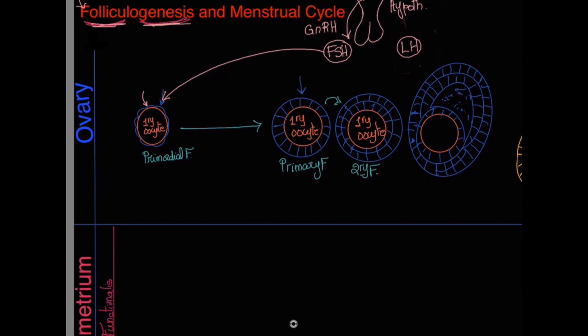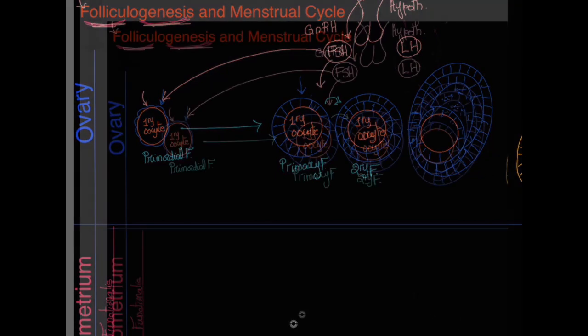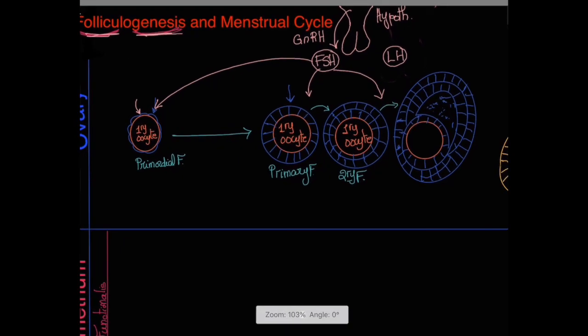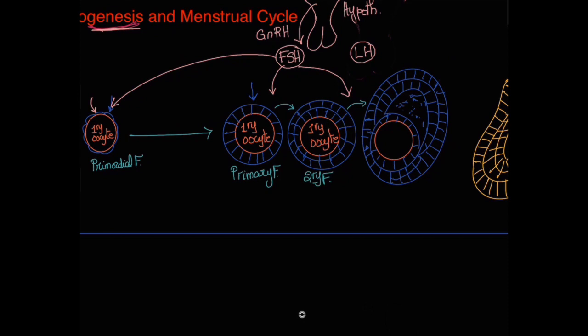Still under the effect of FSH, the secondary follicle will become the mature follicle, or what we call the Graafian follicle. So you see here, this is how the Graafian follicle looks. I am formed of multiple cell layers surrounding my... What kind of egg do you think I have inside the mature follicle?